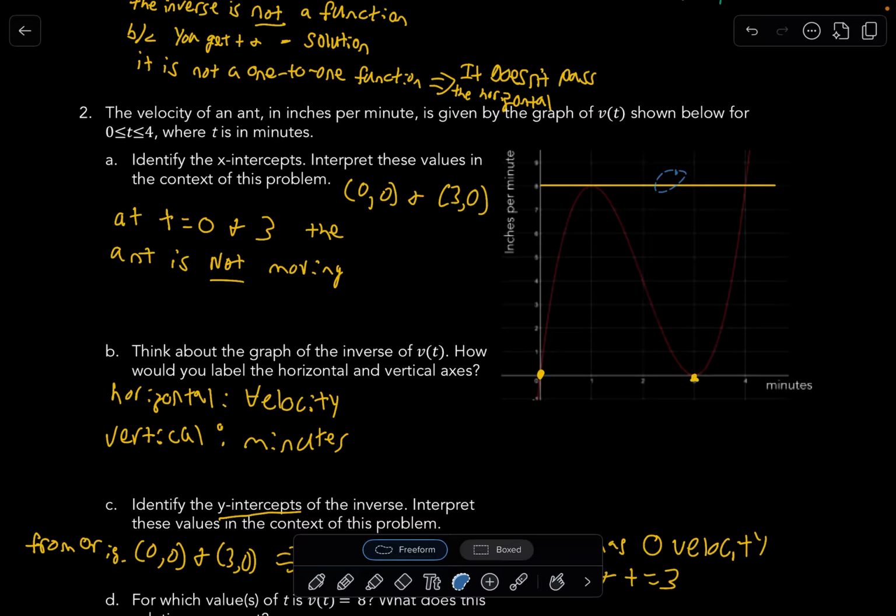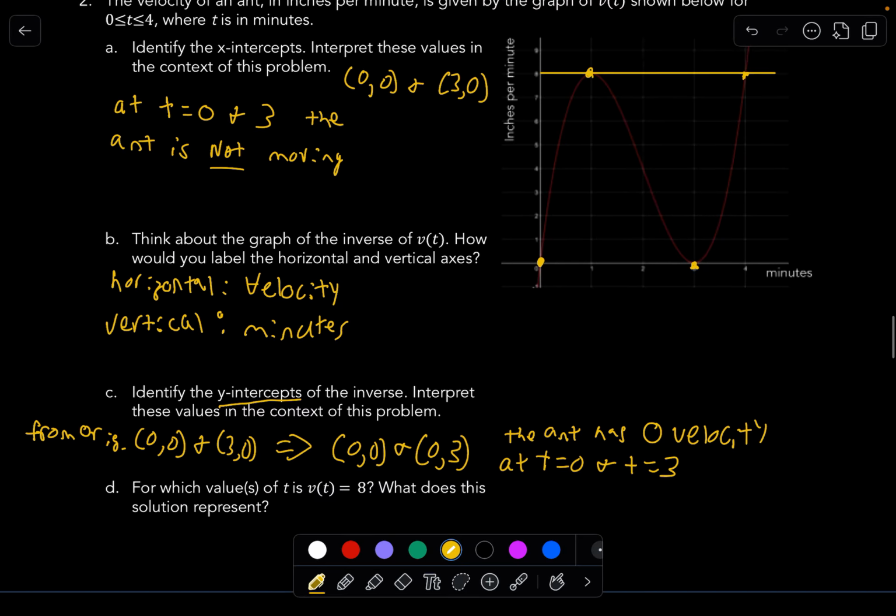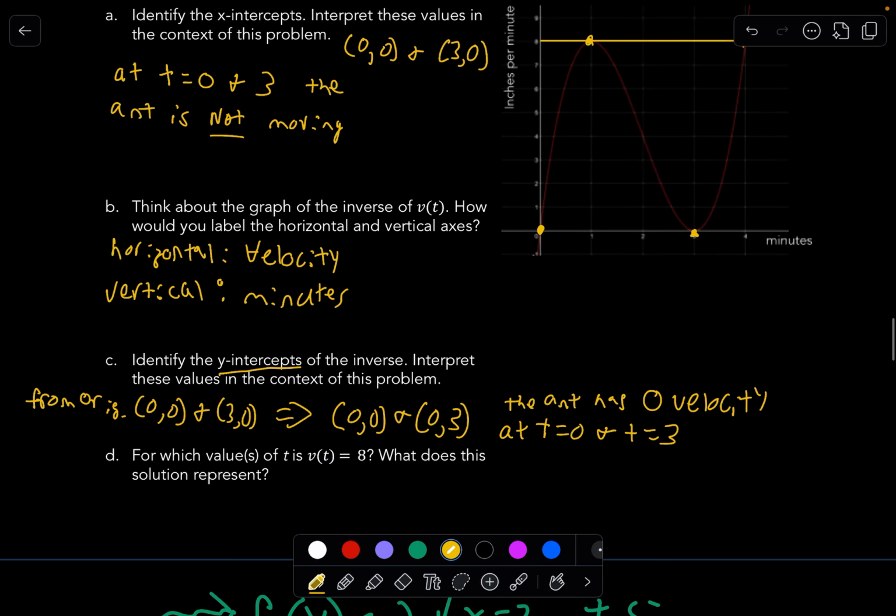And so they touch right there and right there. So v of t equals 8 at t equals 1 and t equals 3.